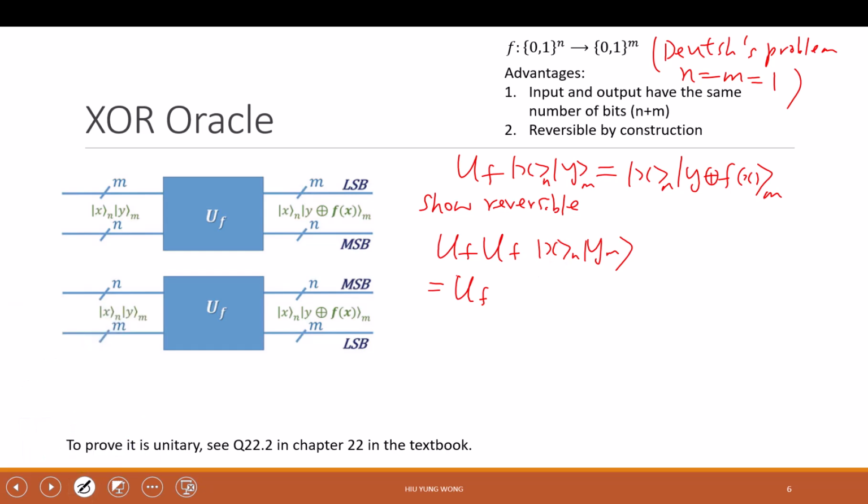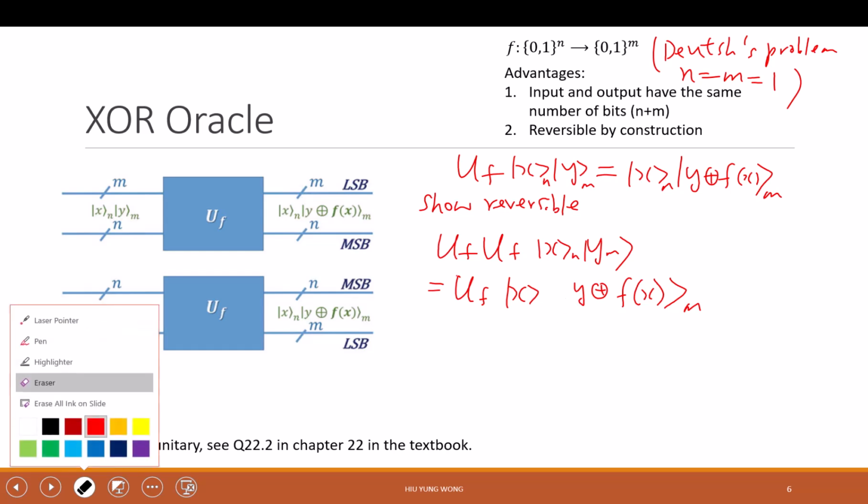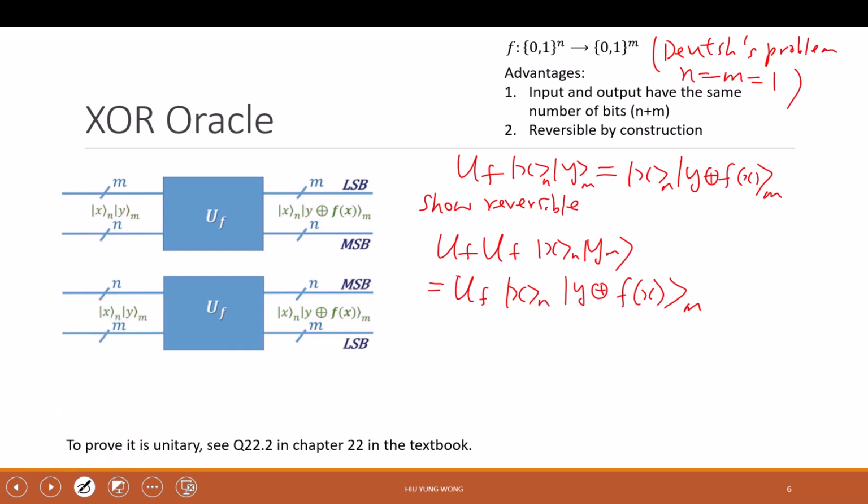What's that? x_n, y exclusive or f of x, m. Are you okay? Does anyone have a question? Can anyone not see this? From here to here, I just have an extra U_F. The rest is just the definition.